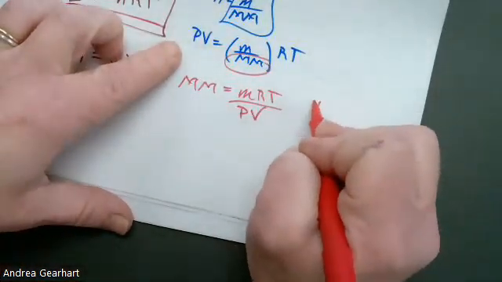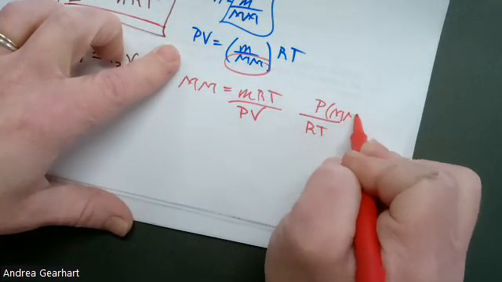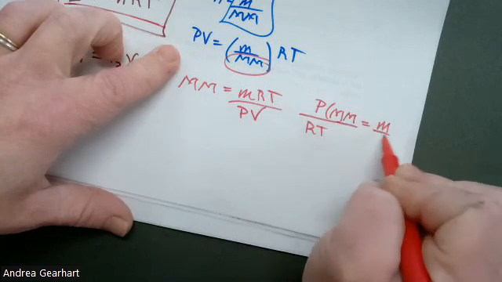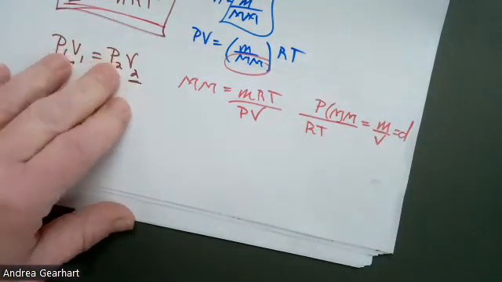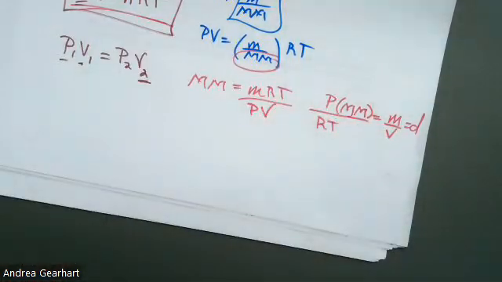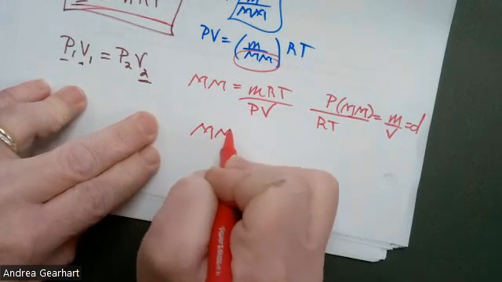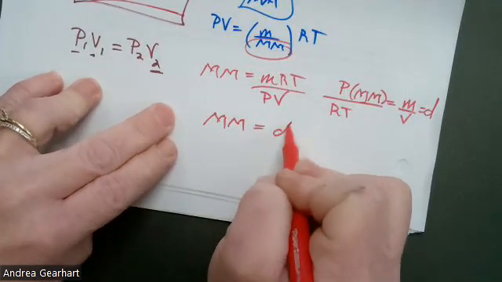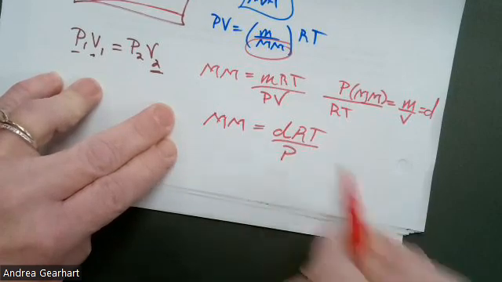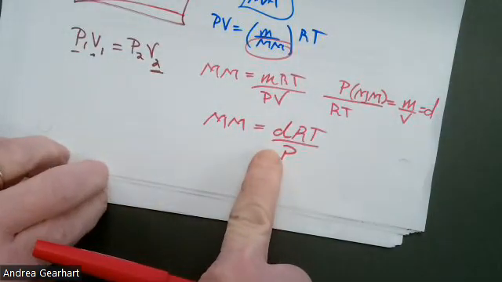So we could get pressure if we divide by RT. Molar mass times P equals mass divided by volume, or density, times RT. Sorry, I'm just putting brackets around that just so we know that's one combined MM. Couldn't we also say molar mass is equal to density RT over P? Yes, I could rewrite mass divided by volume as density.